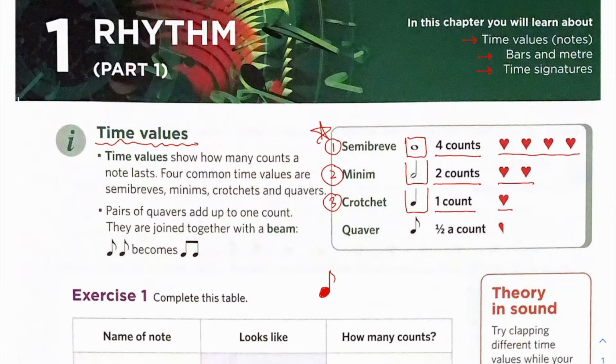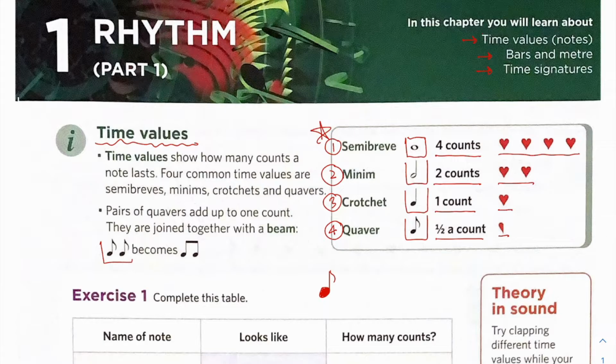The last note value we're going to meet is quaver. The quaver is a crotchet with a tail or flag, and it's worth half a count, and we use half a heart to represent it. Now in music, we try to group the notes together so that it becomes a whole number. A quaver is only half a count, so usually quavers go in pairs like this.